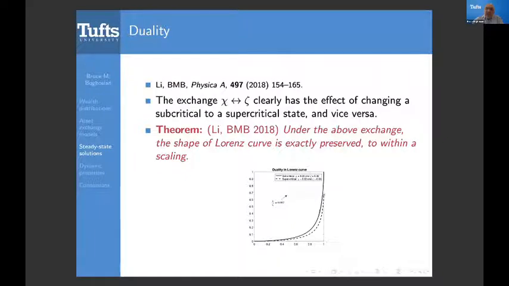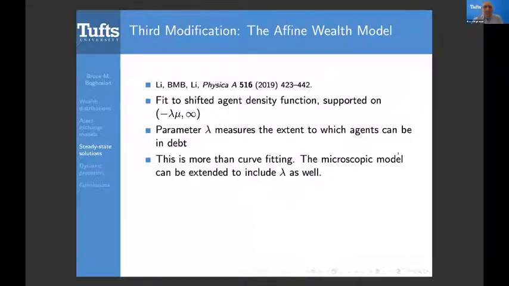So the supercritical state might be the dotted Lorenz curve down there with a partial oligarchy. The subcritical state is the solid one. It's a rigorous result that if I simply rescale the solid one, I can get the dotted one. Just remove the oligarchy and rescale the curve. And that's an exact result. It's one of the few exact results we have for the model.